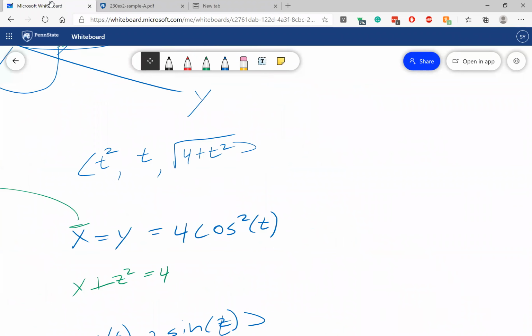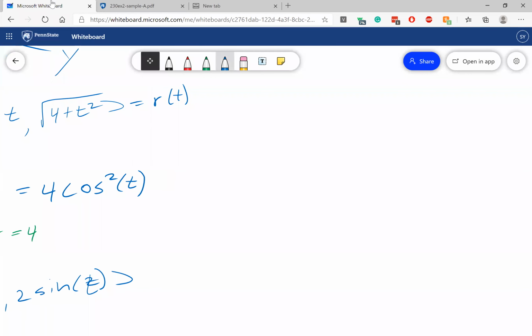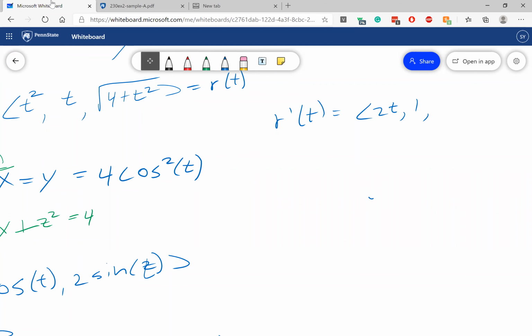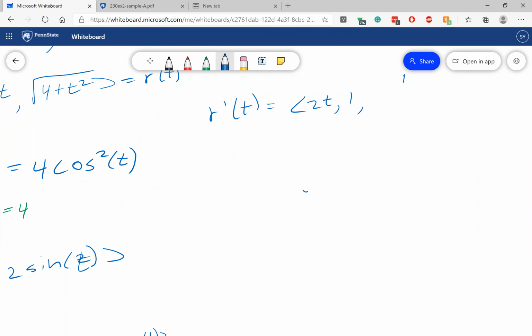So this would be our r of t, and then r prime of t is going to be 2t, 1, and 1 over 2 square root of 4 plus t squared times 2t.